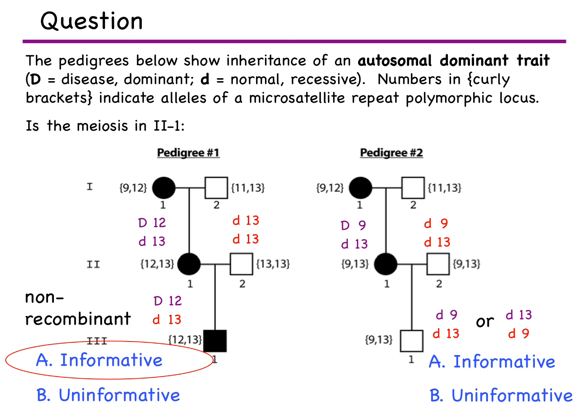The other possibility is this individual could have inherited the non-disease-causing allele and allele 13 from 2-1, and that would be a non-recombinant, or parental, allele. Because we don't know which of these explains the genotype of individual 3-1, this is an uninformative meiosis. You can't tell whether recombination has taken place or not.